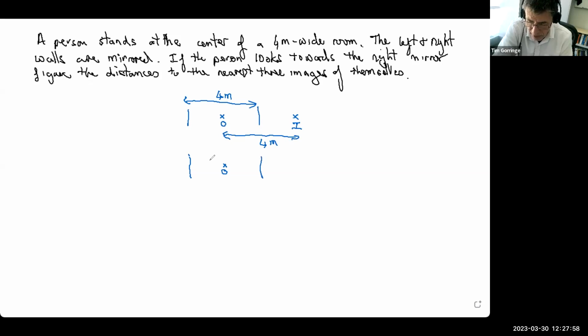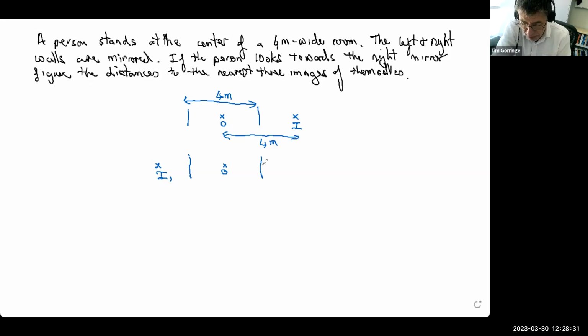So let's figure out the images that create the final image. The first reflection, in the left-hand mirror, is going to produce an image that is the same distance behind the mirror as the object was in front of the mirror. The person is 2 meters from the mirror, so this image will be 2 meters behind the mirror. I'm going to label it I1 because we're going to have multiple images now.